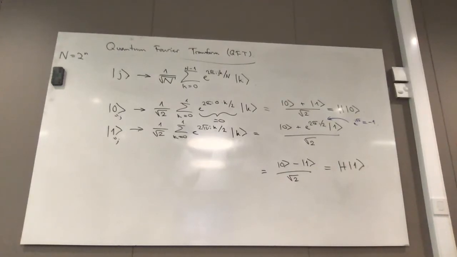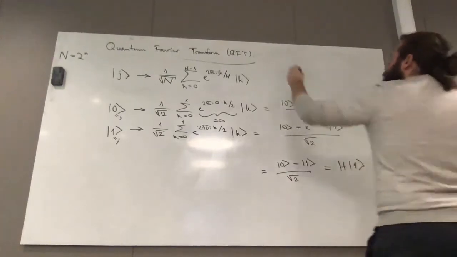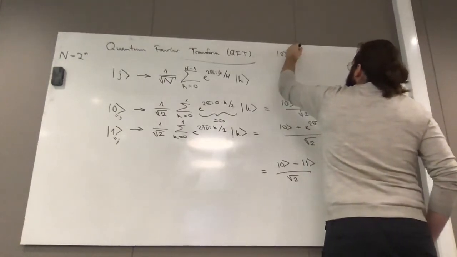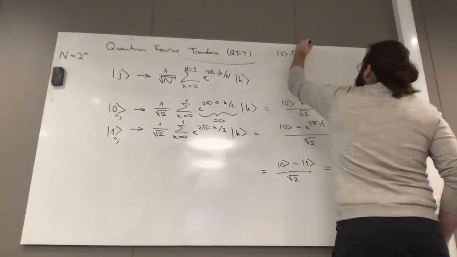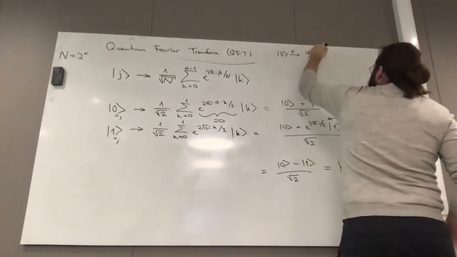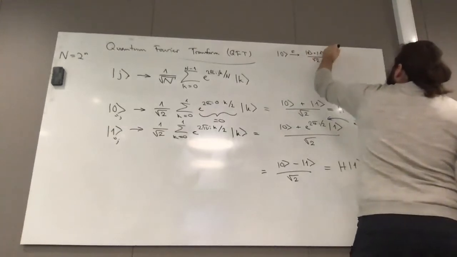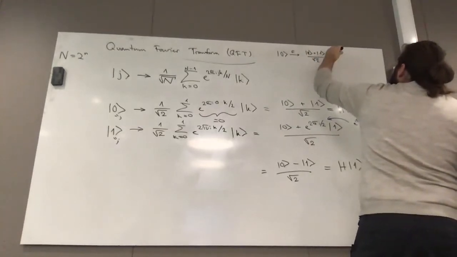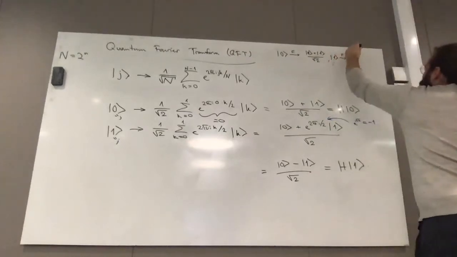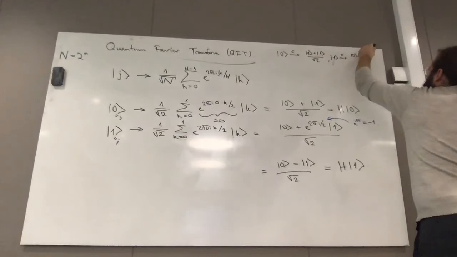Maybe I can summarize up here by saying that 0 Fourier transformed becomes 0 plus 1 over square root of 2, and 1 Fourier transformed is 0 minus 1 over square root of 2.